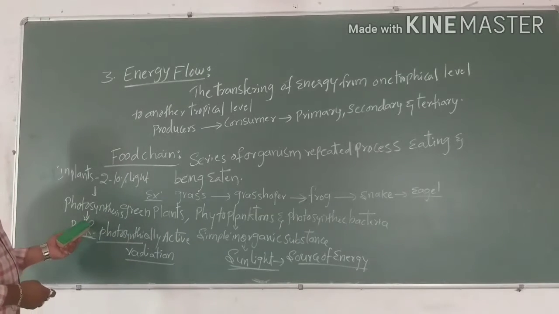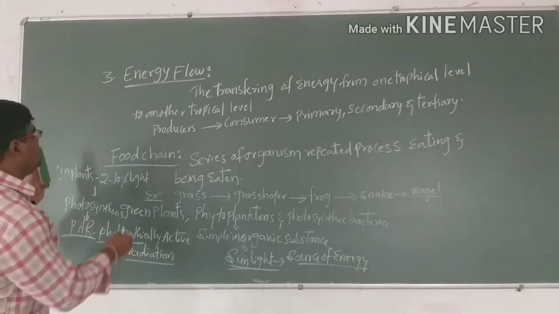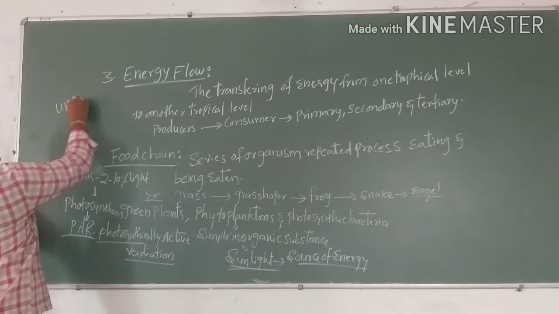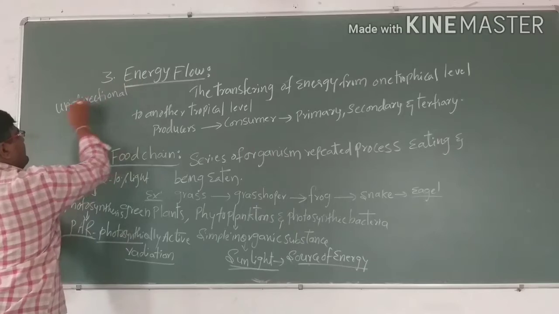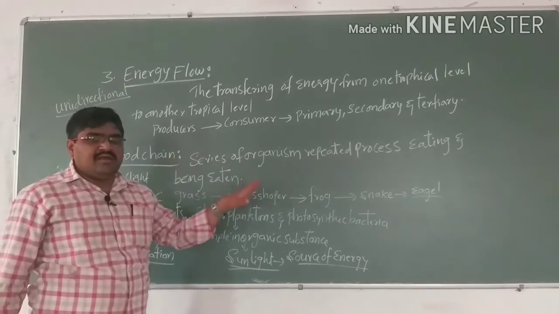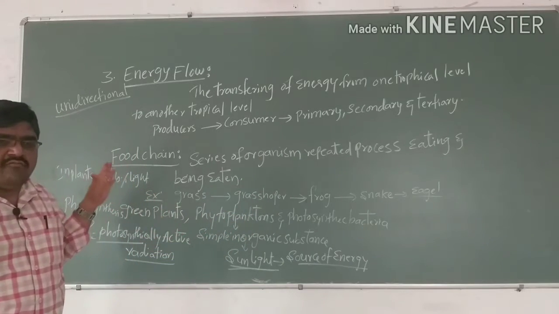The energy flow is unidirectional. That means it is transferred only from one trophic level to another trophic level. It will not reverse; it moves in only one direction.